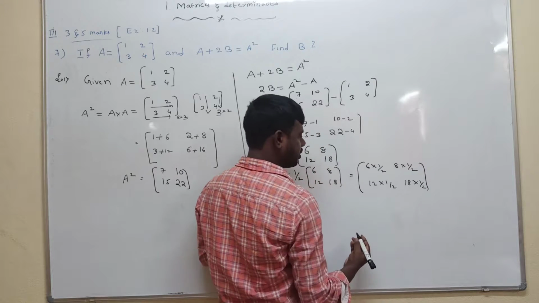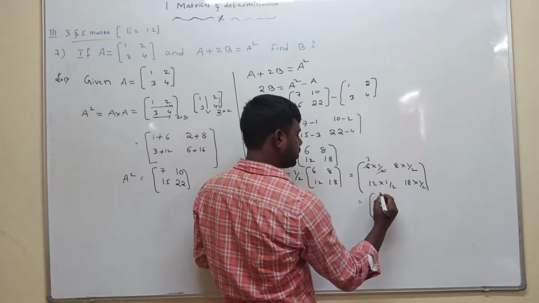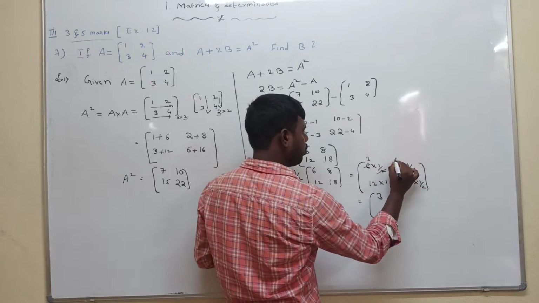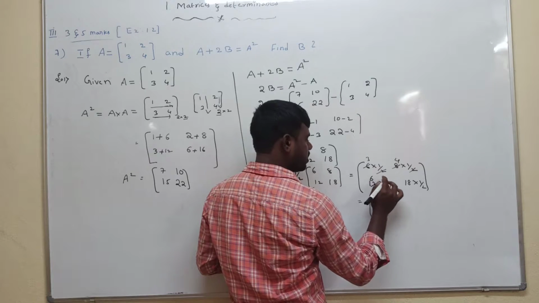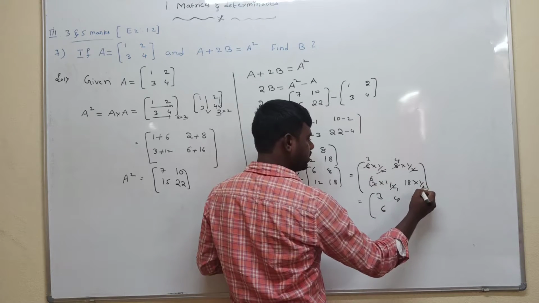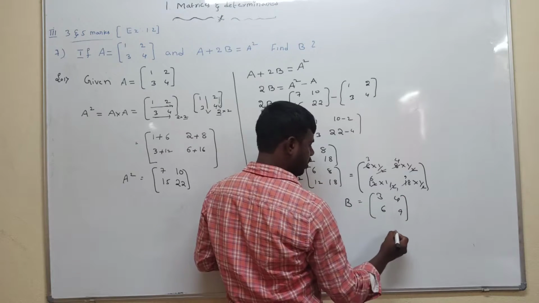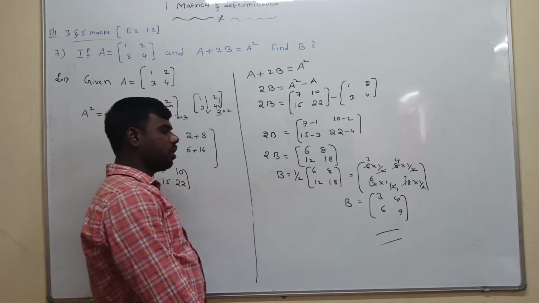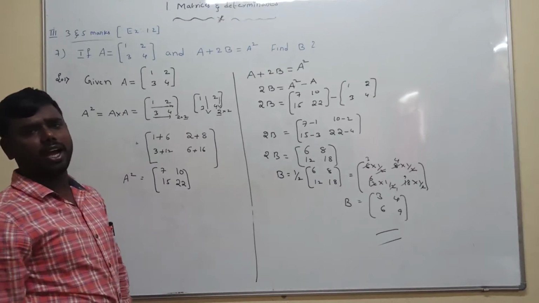Now cancellation is possible: 2 threes are 6, so 3; 2 fours are 8, so 4; 2 sixes are 12, so 6; 2 nines are 18, so 9. So finally the B matrix is 3, 4, 6, 9. By using this condition, finally we got the B matrix.